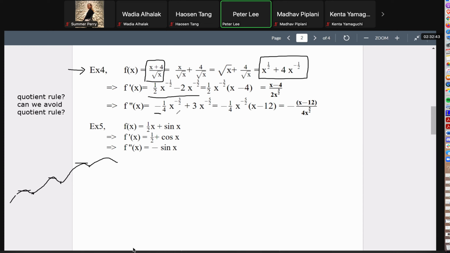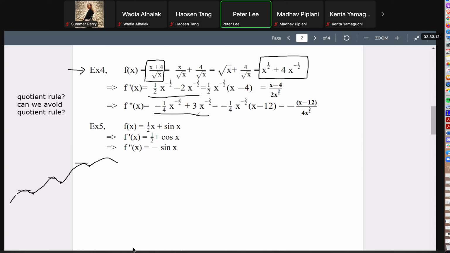Now, when it comes to curve sketching, it is not enough to just find the first and second derivative. You have to write them in factored form. And remember this factored form? This is what we did in week 1, when we studied those negative fractional exponents, and it's now coming up here.